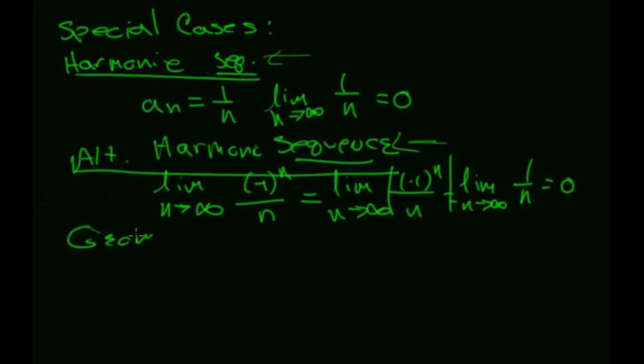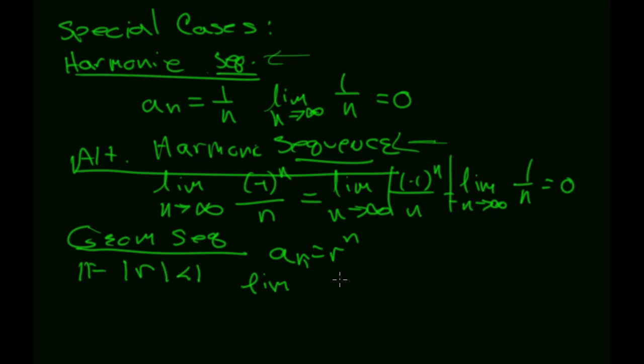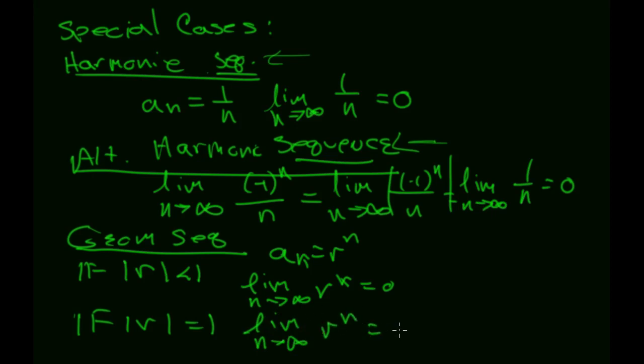Okay, we have a geometric sequence. A geometric sequence is something where a(n) is r to the n. If the absolute value of r is less than 1, then the limit as n approaches infinity of r to the n is going to 0. If the absolute value of r is equal to 1, then the limit is just going to be 1, because it's going to be a list of 1s.